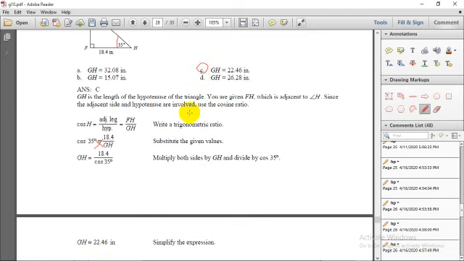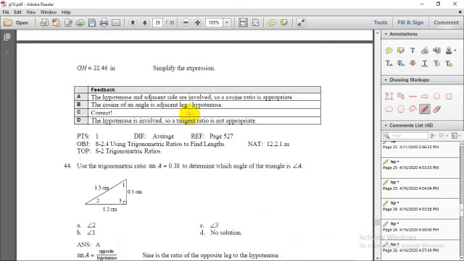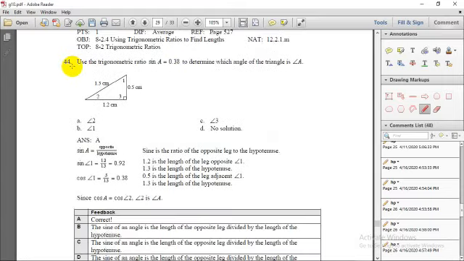Okay, excellent, grade 10. Let's see number 44. Use the trigonometric ratio that he's telling you, like the puzzle that we said before. Sine A equals 0.38.